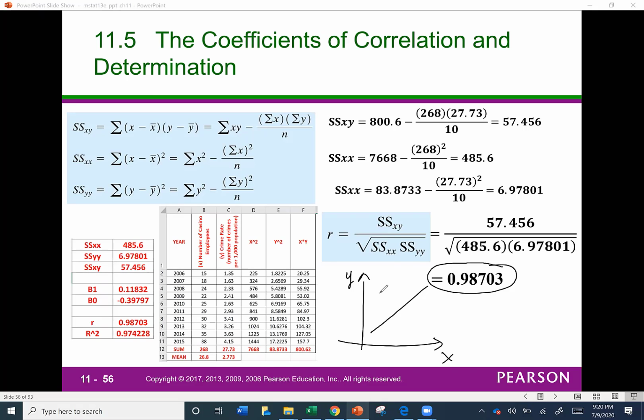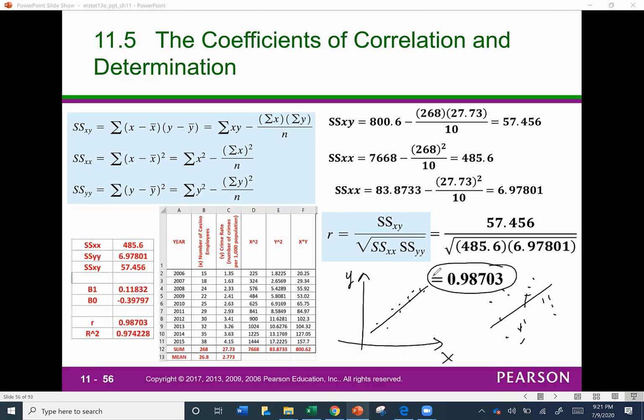When we graph all points, several years, crime rate and number of employees, all of these points will be actually very close to the mathematical model. It's not something like this, because that indicates that the coefficient of correlation is close to 0. But my points are very close to the line in this positive trend.